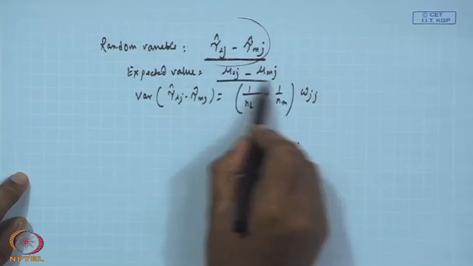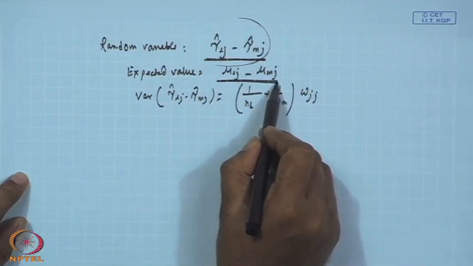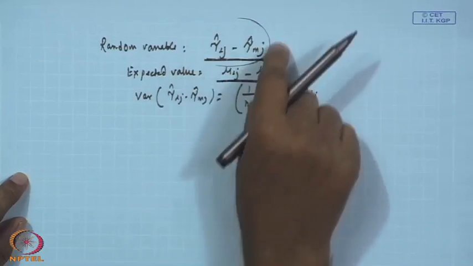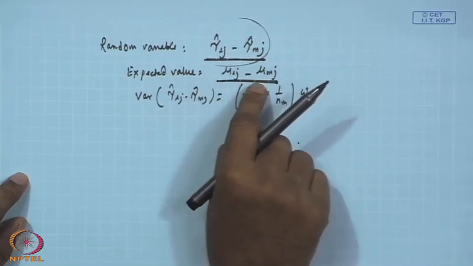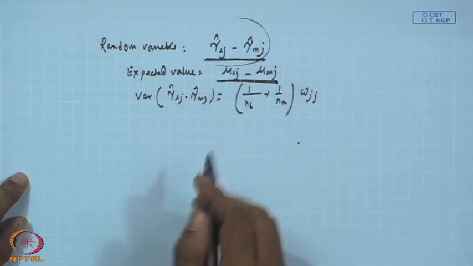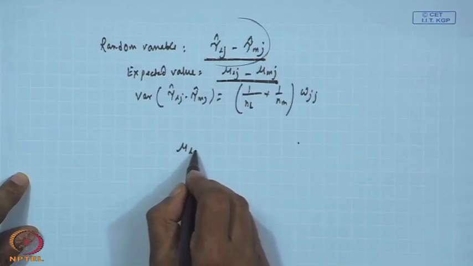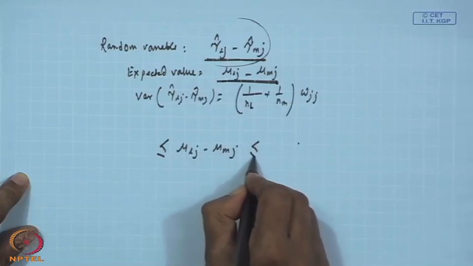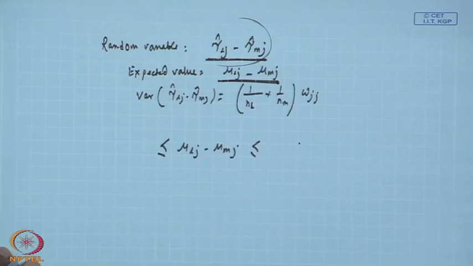With its help we want to compute the interval estimate of its mean value, that is, create an interval for mu Lj minus mu Mj.